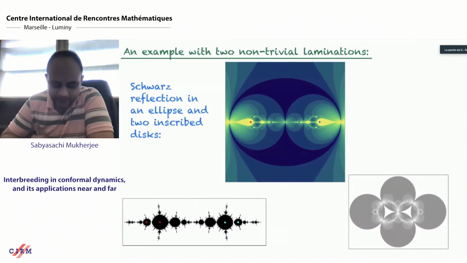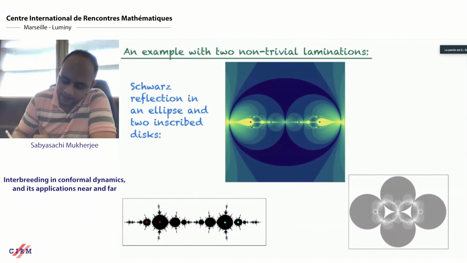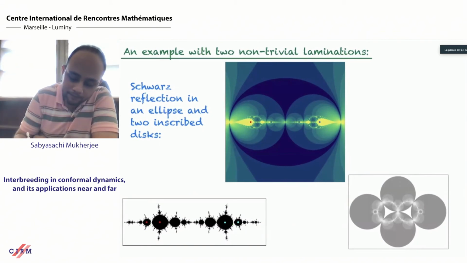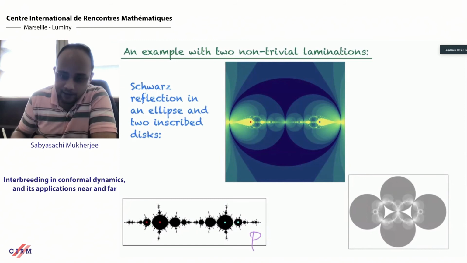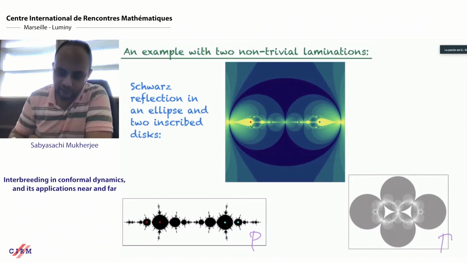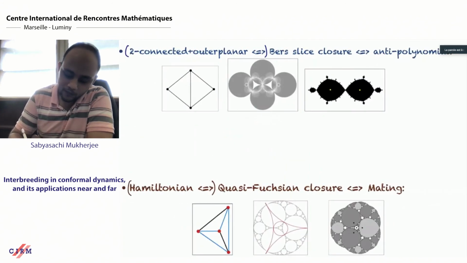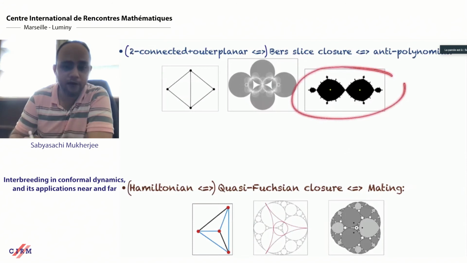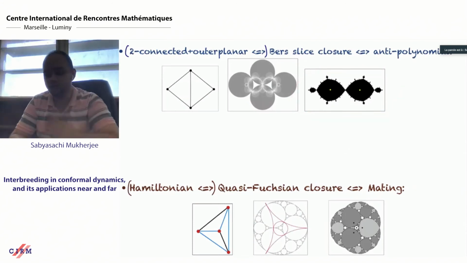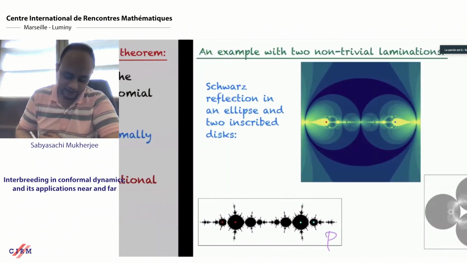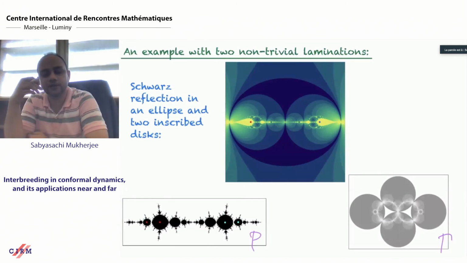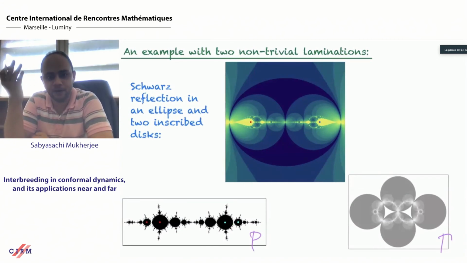So the first thing is you replace, so let me write, this is P and this is gamma. Now you forget gamma for the moment. Instead, replace gamma by this polynomial picture, the filled Julia set of this polynomial. And then you mate the P with that particular critically fixed anti-rational, anti-polynomial.